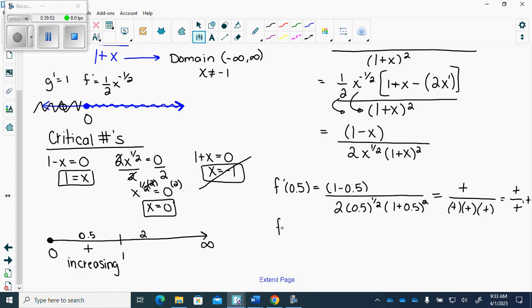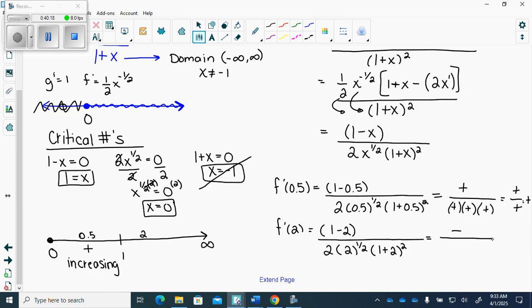F prime of 2. So I'm going to get 1 minus 2 over 2 times 2 to the half, and then 1 plus 2 squared. Right? And I just get signs. What's 1 minus 2? Negative.